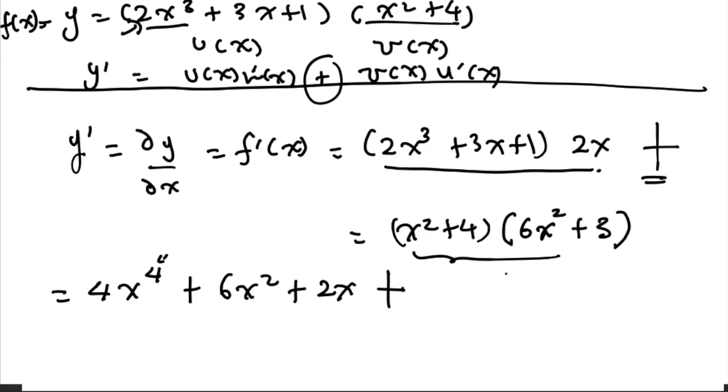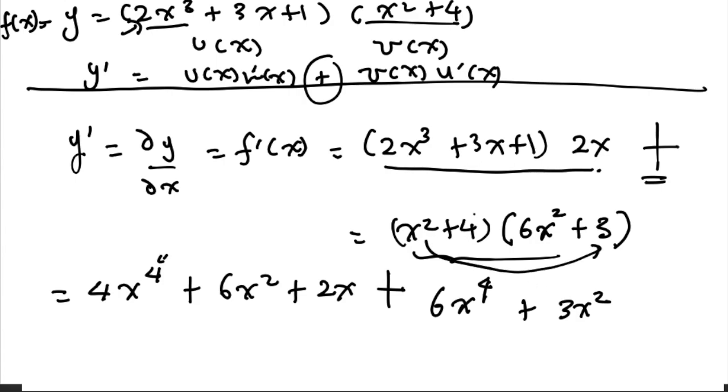Now, expand this. When you expand, okay, so you have x squared times 6x squared becomes 6x to the power of 4. x squared multiplied by 3 becomes 3x squared. This and this, isn't it?